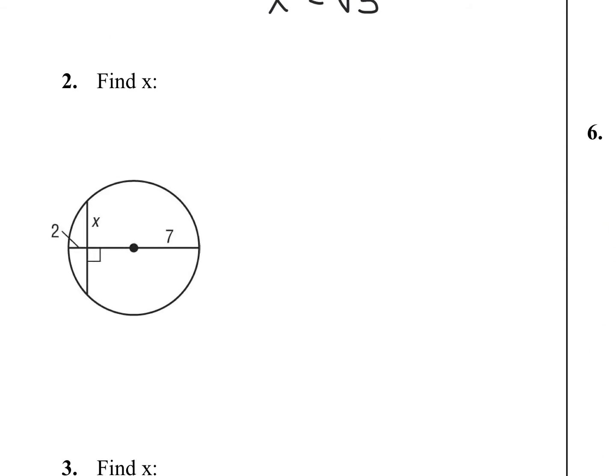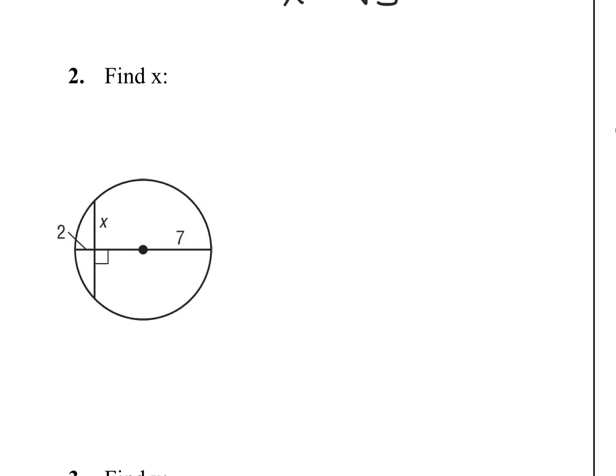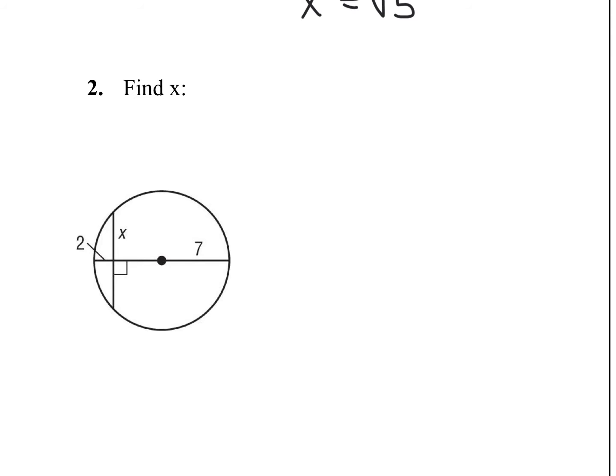All right, let's find x. Again, we have the chords that intersect inside the circle. And so we have this radius perpendicular, so we know that these two segments are equal. So we have x times x equals 2 times, and so the whole diameter is 14 minus 2, so this part right here is 12.